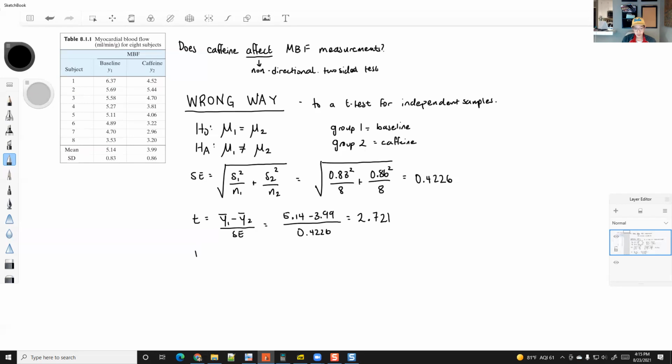Right? And then our degrees of freedom is N1 plus N2 minus 2. We've got 14 degrees of freedom. We're going to look up 2.721.